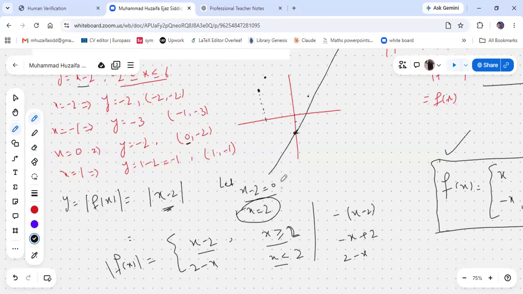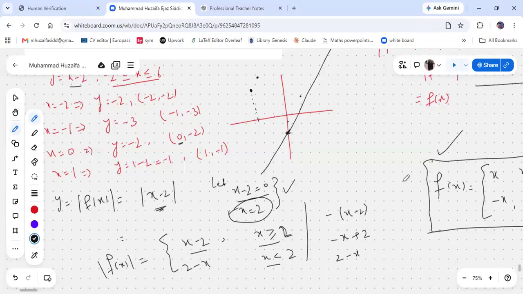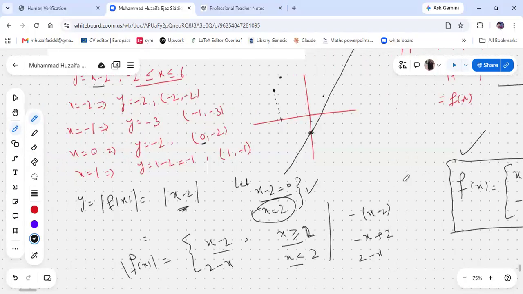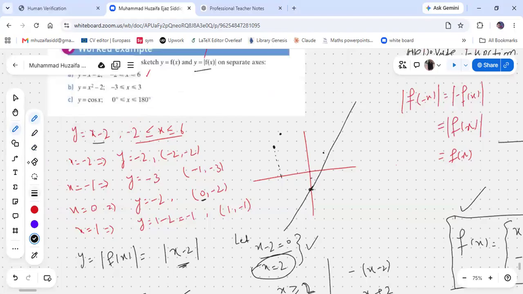Why did I set it equal to 2? Because when I write x is greater than or equal to 0 and x is less than 0, that is a general type, but it can change depending on our function. Look here: from this side the function moves to the upside and its behavior is positive, and from this side the function moves to the downside and its behavior changes to negative.